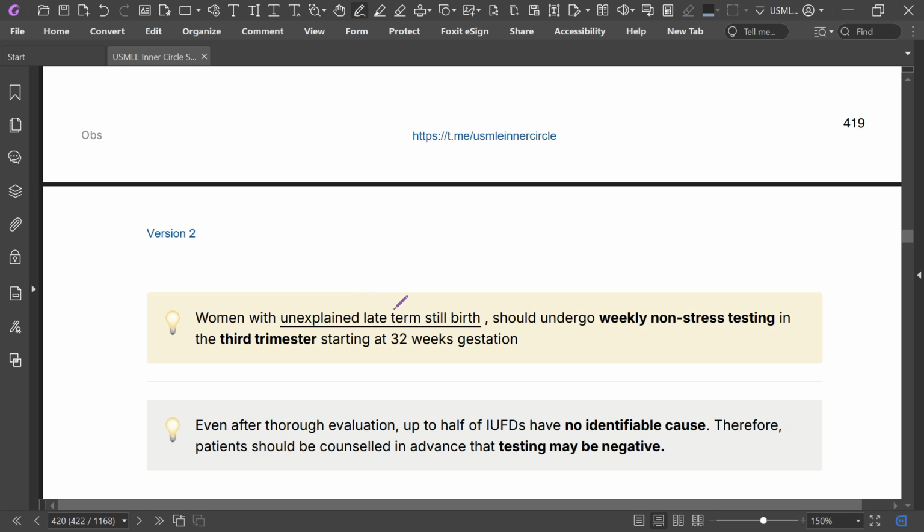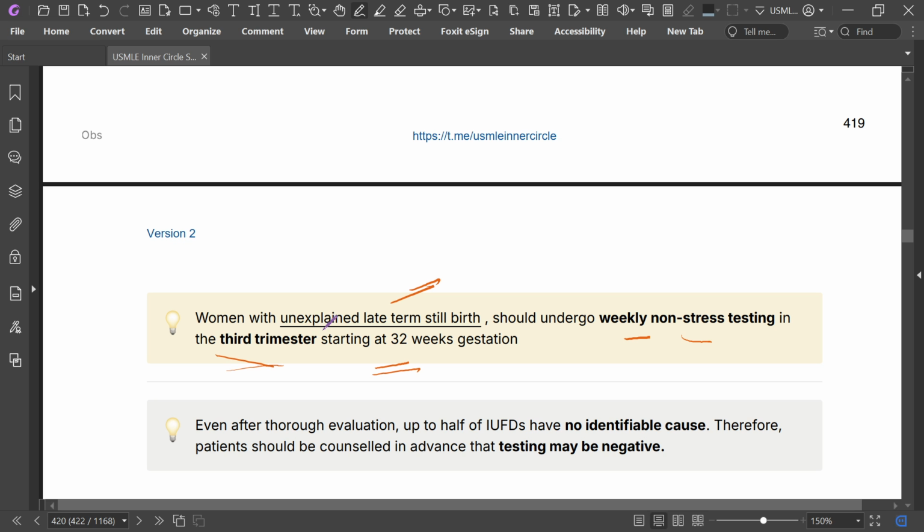Women with a history of unexplained late-term stillbirth should undergo weekly non-stress testing in the third trimester, starting at 32 weeks.